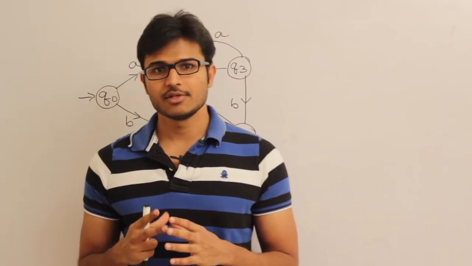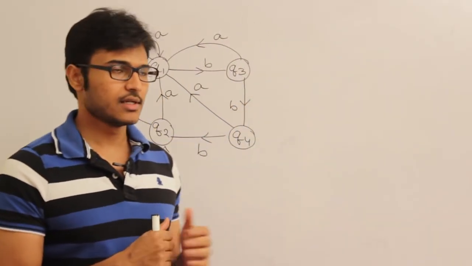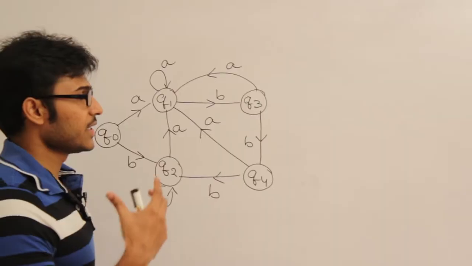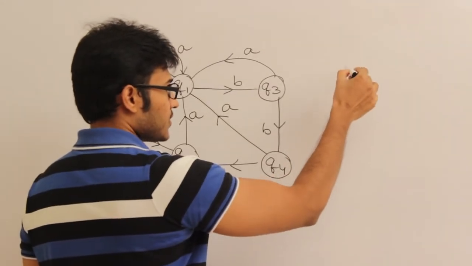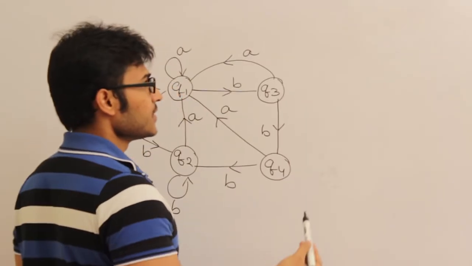Before going for minimization of a DFA, let's talk about what are the properties that we need in the DFA so that it can be minimized. We want to talk about states and equivalence between the states.